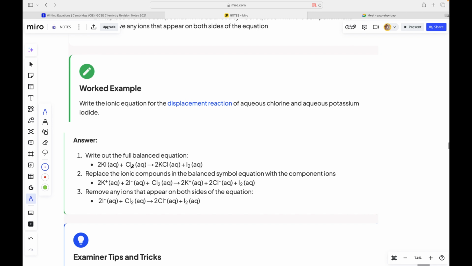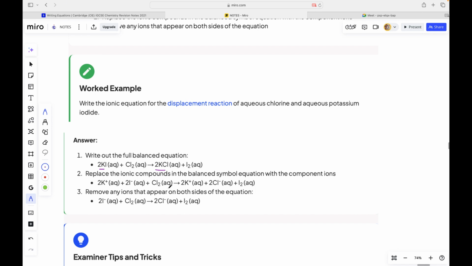We've done this one, we break this one down. Plus chlorine aqueous, they give rise to 2 potassium ions plus 2 chloride ions, because there's 2 here, 2 chloride ions minus, and then plus iodine aqueous. Okay, so this is the ionic equation.